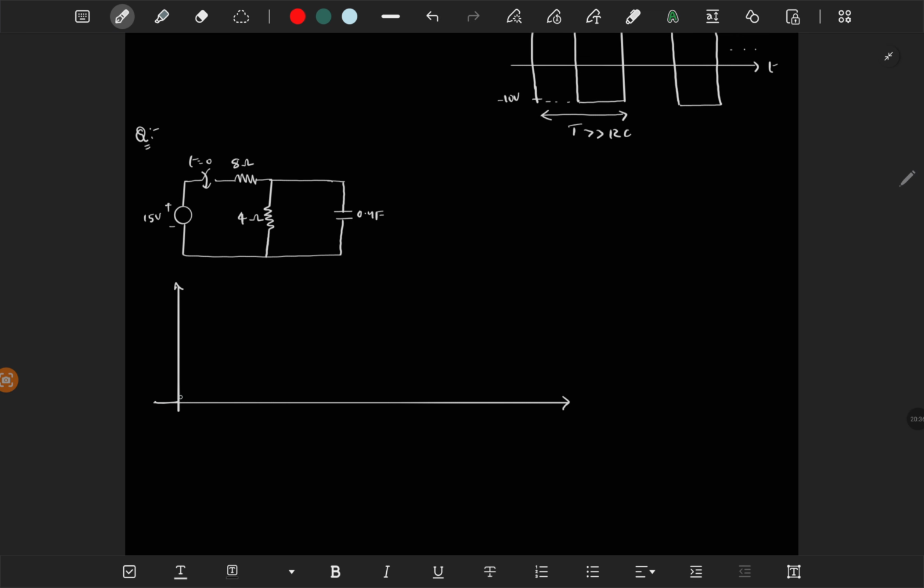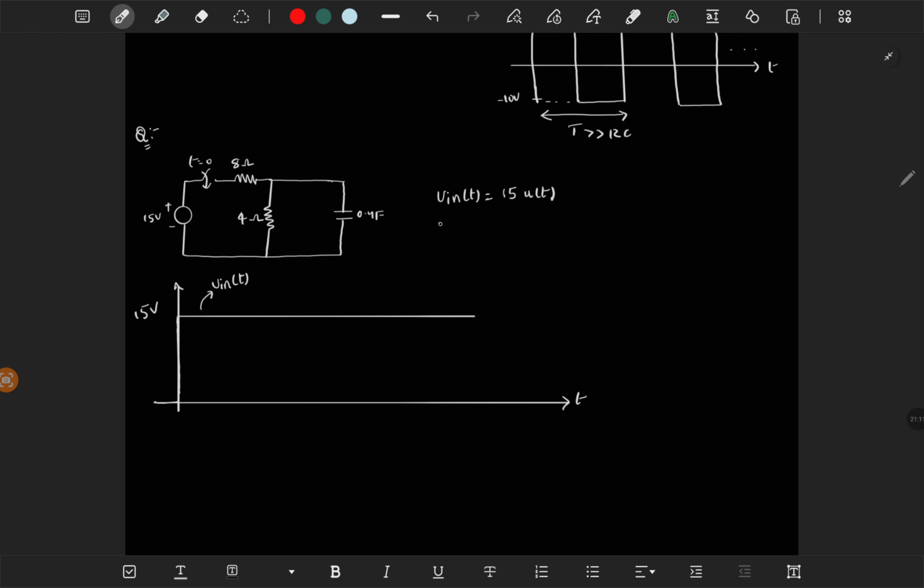Till t is equal to 0 it is 0, and so we are applying 15 volt to the circuit at t is equal to 0. So this is a step input with amplitude of 15. So V in of t, in math we can write 15 u of t.